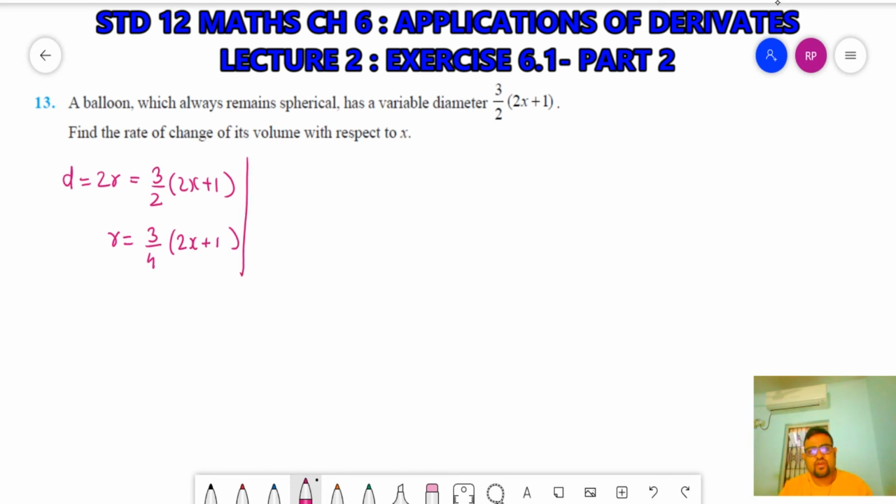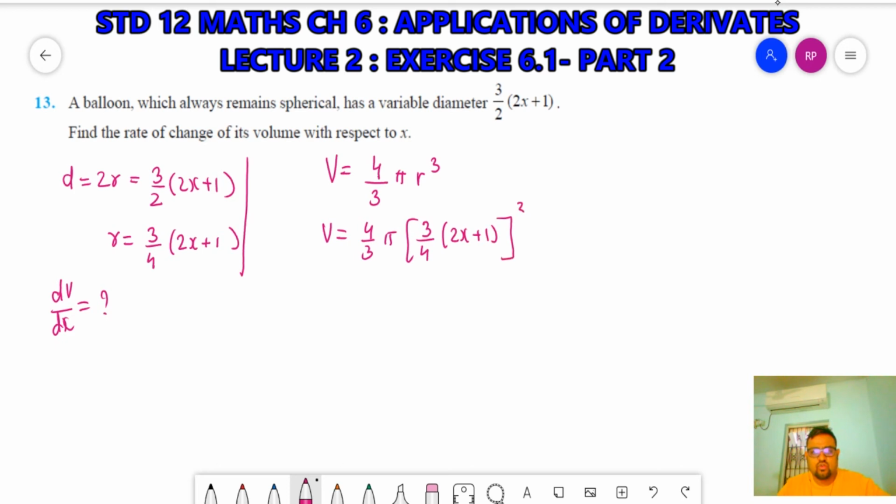Now we need to find dV by dx. What is the formula of volume? Again it is a balloon, so we will consider it spherical: 4 by 3 pi r cube. So V will be equal to 4 by 3 pi into 3 by 4 into 2x plus 1 whole cube.